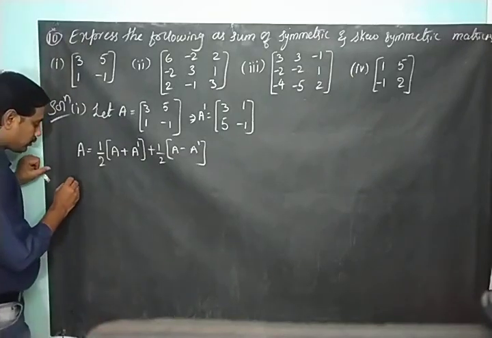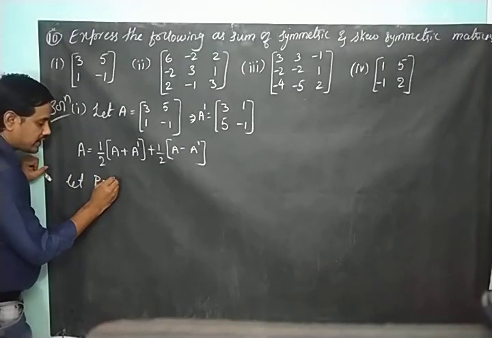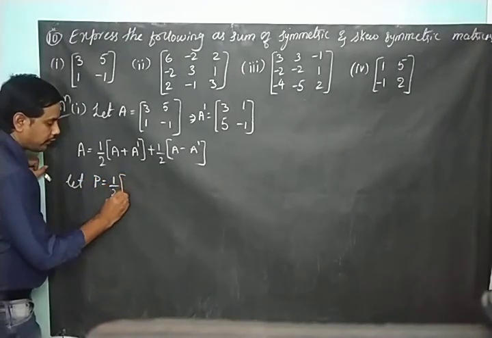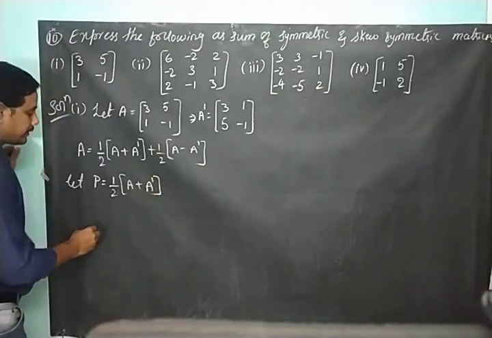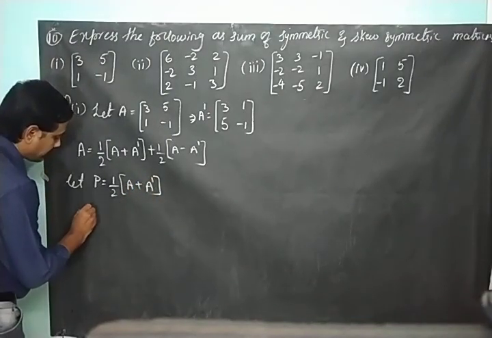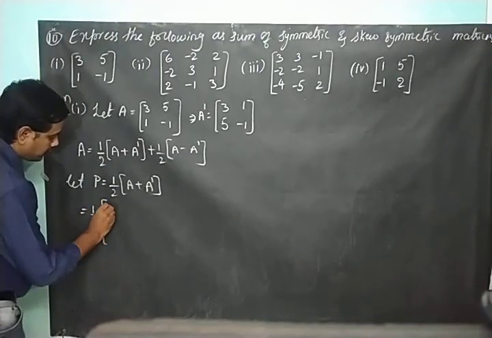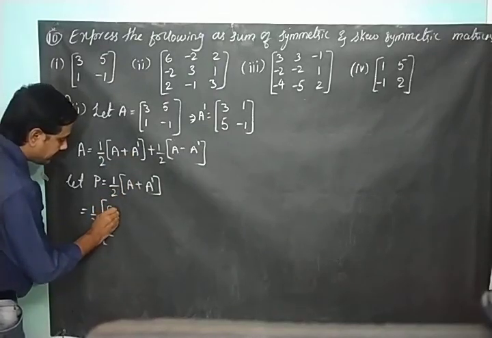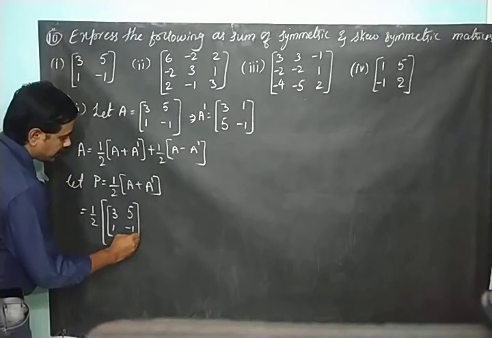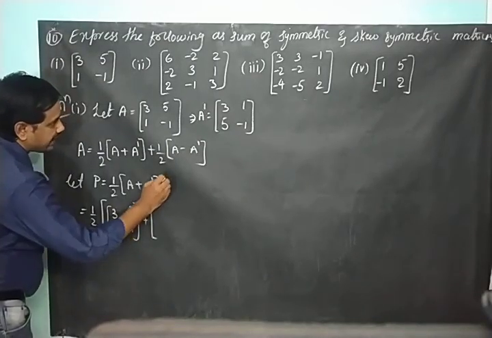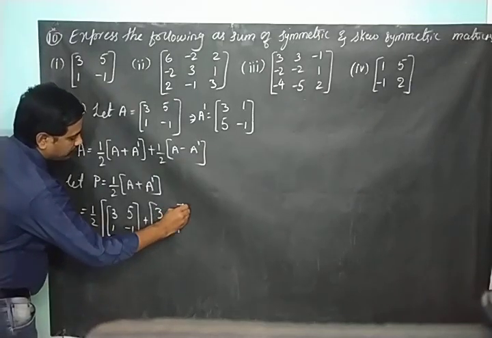Let P is equal to half of A plus A transpose. So that is nothing but half of, what is A? 3, 5, 1, minus 1. What is A transpose? 3, 1, 5, minus 1.